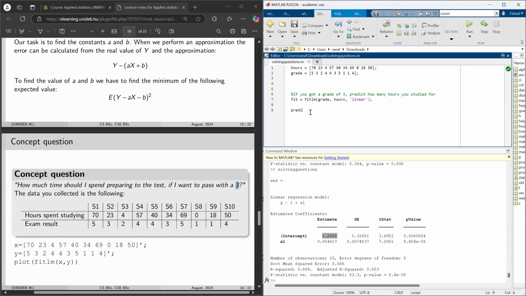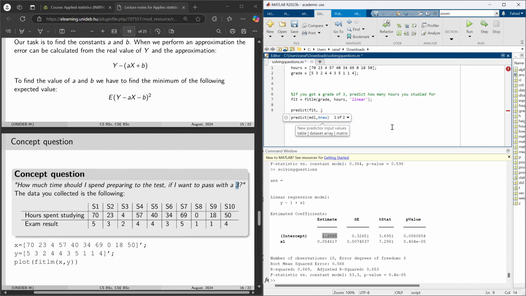The predict requires the result of the fit element, not the alpha value, sorry. We stored it in the fit variable, so we go predict fit, which is the result of the fit element.